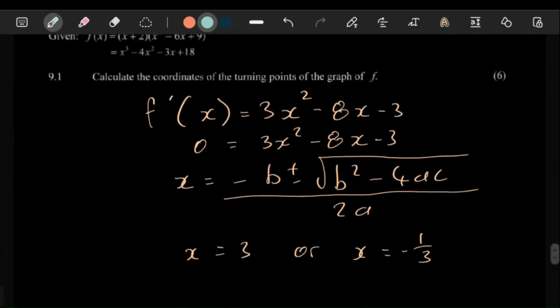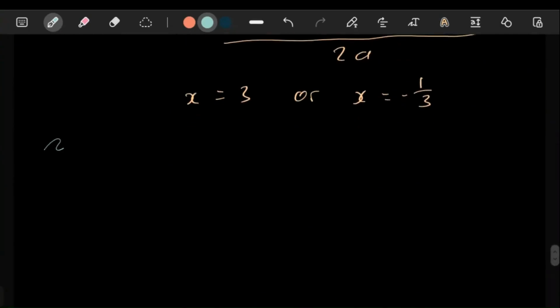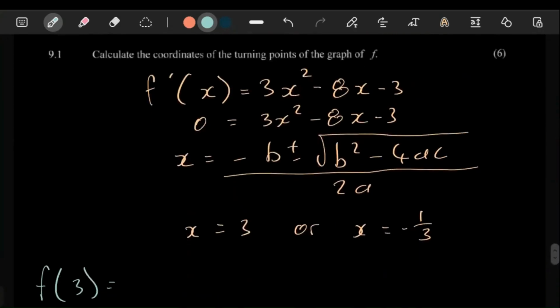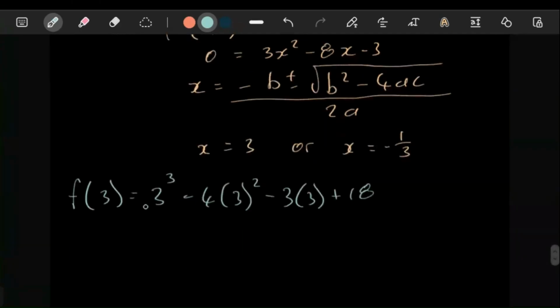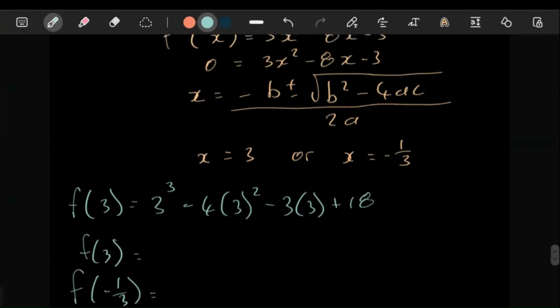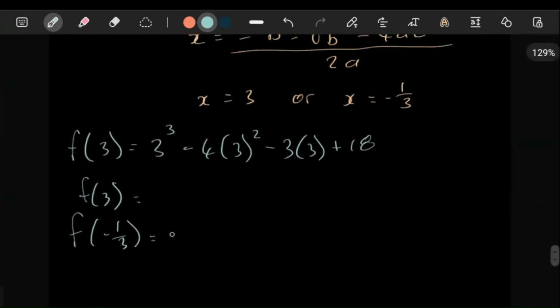So our original equation, if you throw in the 3 where x is, you're going to have 3 cubed minus 4 times 3 squared minus 3 times 3 plus 18. We'll just see what that is in the calculator. The other one, I'm just going to write like this, because if you leave it like this with an answer here, that also resembles a coordinate, so you'll be safe.